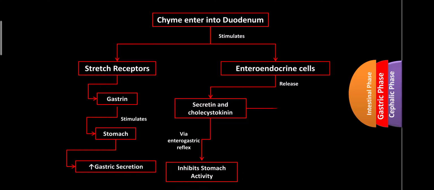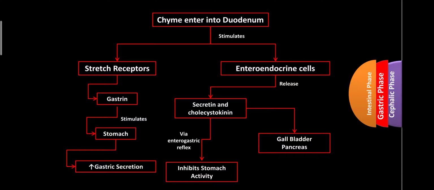Dear students, on the other side, secretin and cholecystokinin stimulate the gallbladder, which is involved in the secretion of bile, and the pancreas, which is involved in the secretion of pancreatic juice. It is rich in bicarbonate as well as pancreatic amylase.